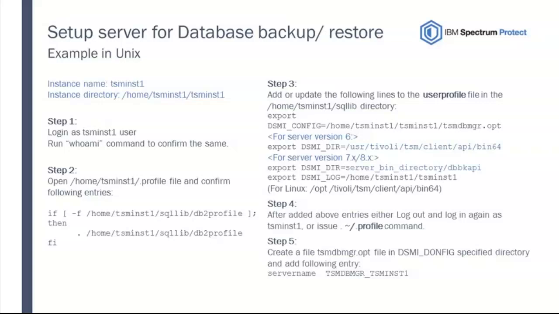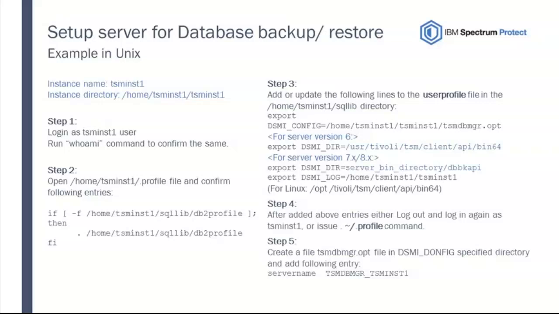In step 3, it's a very important step. You need to make sure DSMI_DIR, DSMI_CONFIG, and DSMI_LOG have been set correctly. The DSMI_CONFIG parameter must point to your tsmdbmgr.opt file, it's the option file.